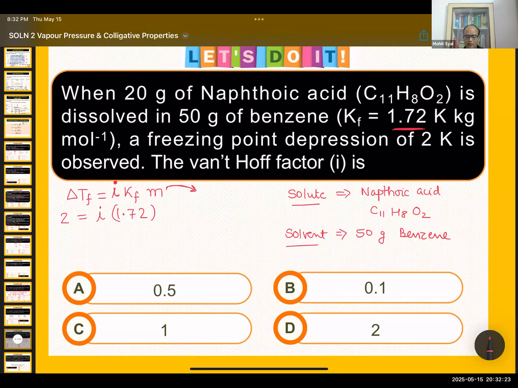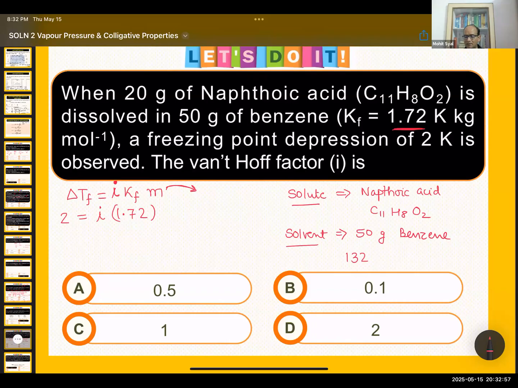Moles of solute. So how many moles of solute have you taken? How am I going to find it out? 20 grams is given. So the molar mass I got as 172. The moles equal given mass by molar mass. 12 into 11 is how much? 132.